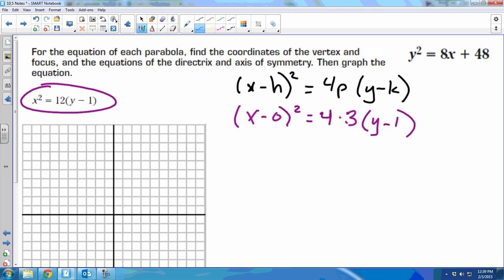All right, so then if you keep looking at your notes, it says the vertex is (h, k). So in this case, what is (h, k)? 0, 1. The next thing in the list says focus.